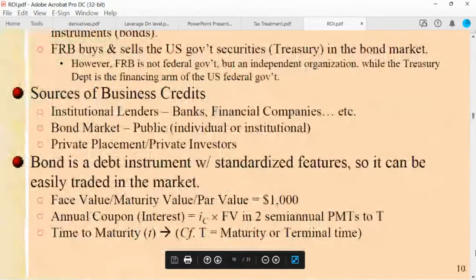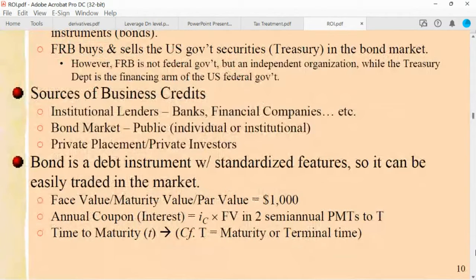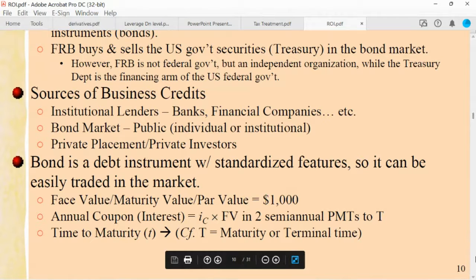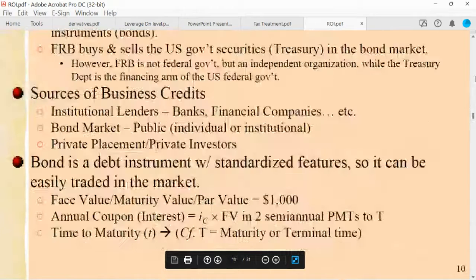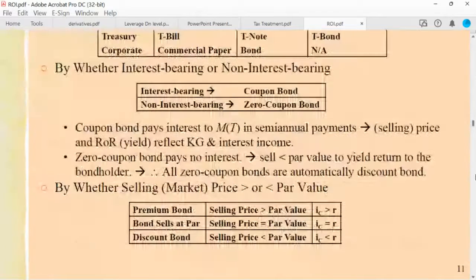And so we need to understand how interest rate is changed. And to explain that, we had to come to the bond market operation. And to understand bond market operation, we talked about the basic properties or the characteristics of the bond.